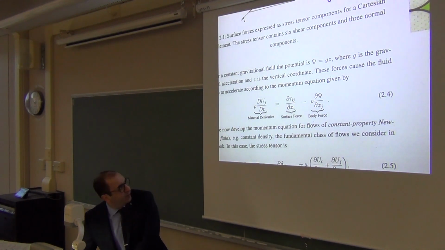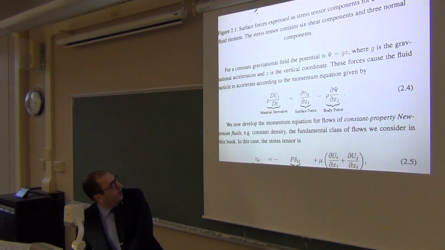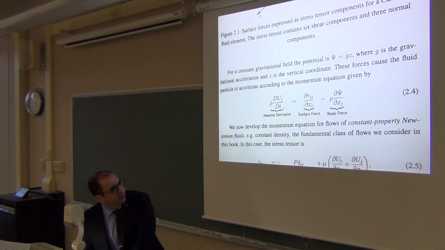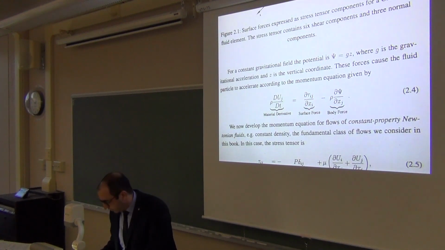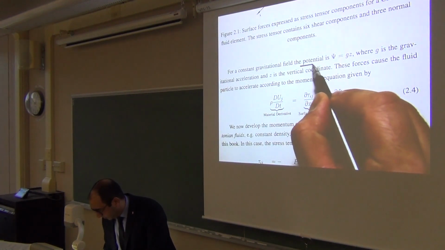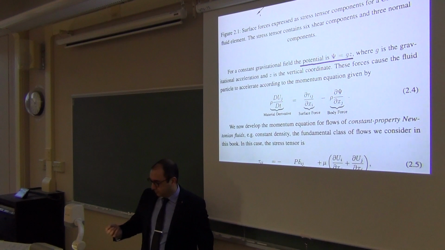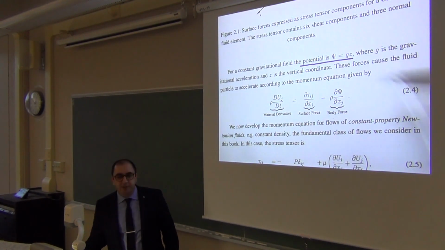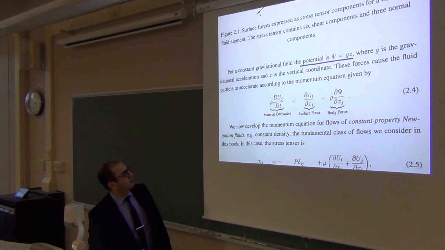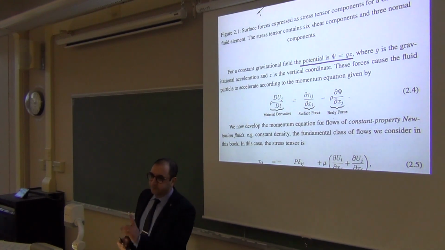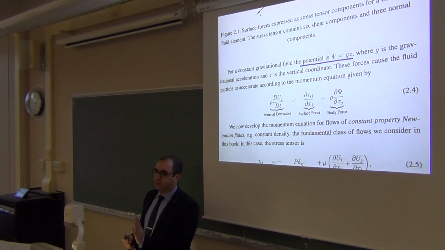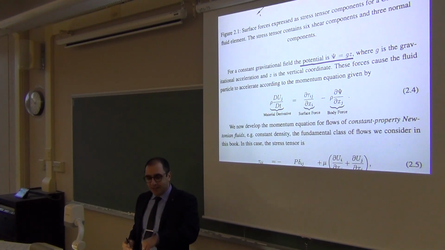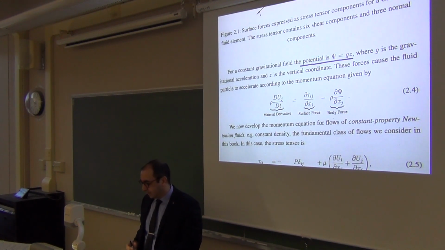So again, as a reminder, we defined gravitational force using the concept of gravitational potential, and we used the symbol psi for it. This is defined as gravitational acceleration times height, z, which would be normal to the surface of the earth. So z goes upward, normal to the surface of the earth, and the gravitational acceleration is pointing down.